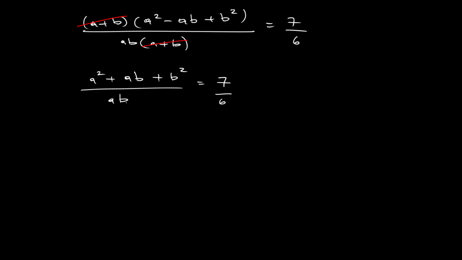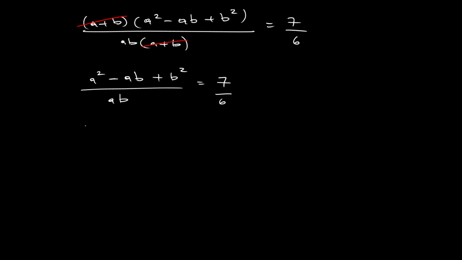So let's cross multiply on both sides. Let me correct an error with the sign here. So this is actually minus. So let's cross multiply.